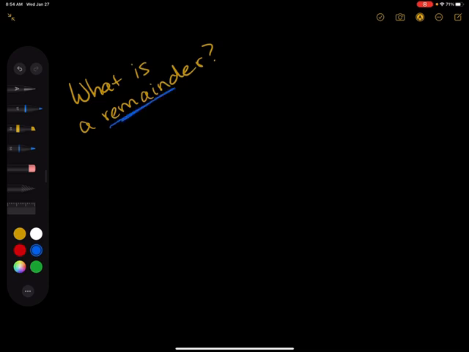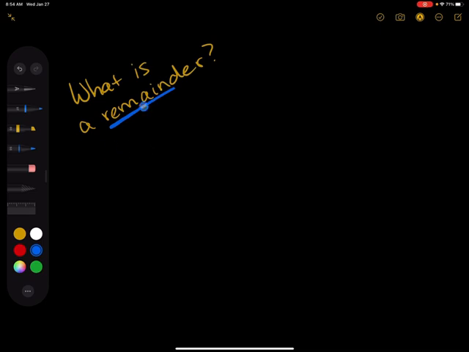So first of all, before we actually start this problem, what is a remainder? What does that mean? Think about it for a second. I'm going to underline the main word in remainder.